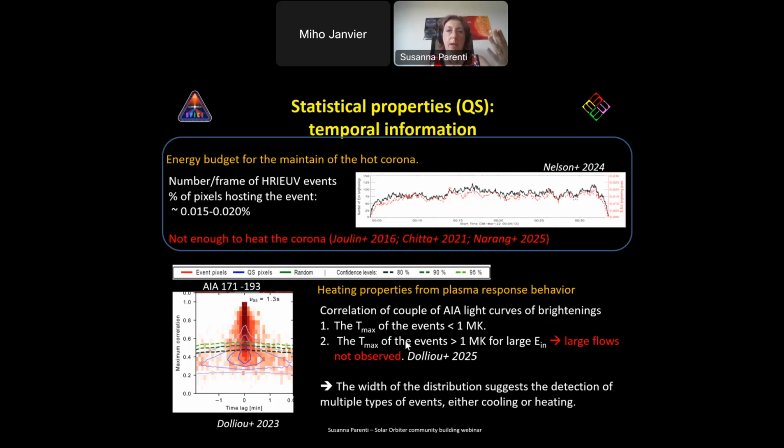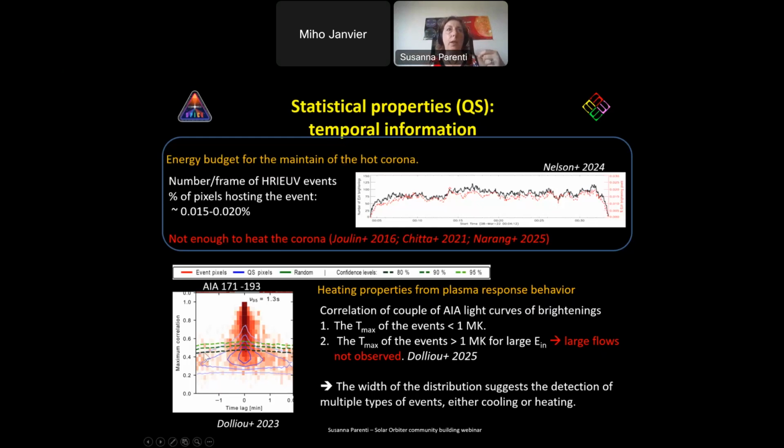This behavior can in some cases be obtained only when you put lots of energy, and this produces a very strong flow within the loop, but it is a strong flow which is not observed. So the conclusion is that probably most of this large number of events are cool transition region events. Some of them certainly reached coronal temperature, because this red distribution has a certain width, which means that there is a delay between the bands, so there is some cooling or heating going on, but it is not the main part of them.